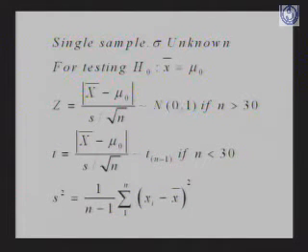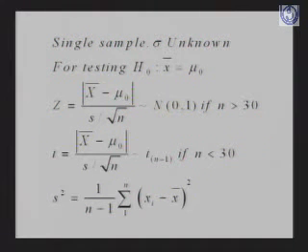And s we calculate by the expression 1 upon n minus 1, summation 1 to n, xi minus x bar whole square. This quantity gets simplified as summation xi square minus n x bar square, that is for computational purposes, which you will be knowing. We will just be modifying the statistic by replacing sigma by s, and the rest of the things will remain the same.